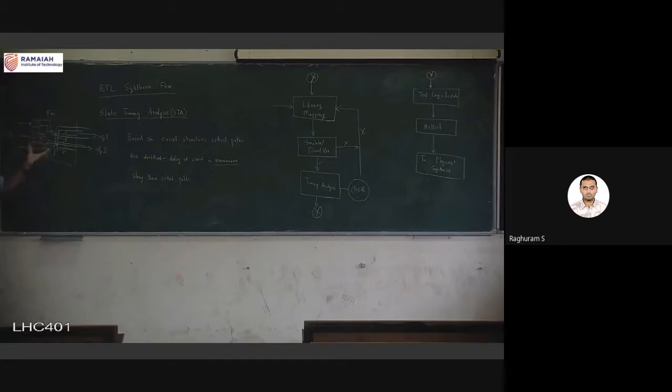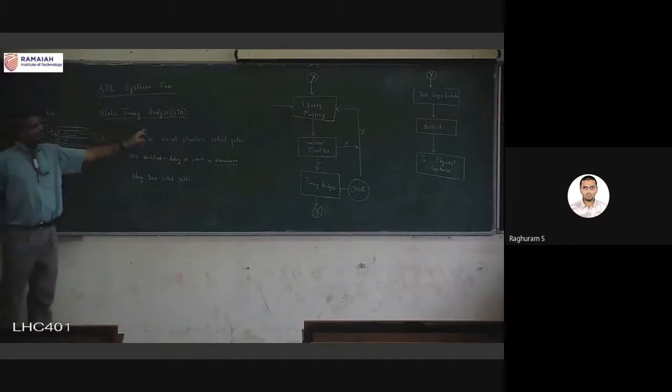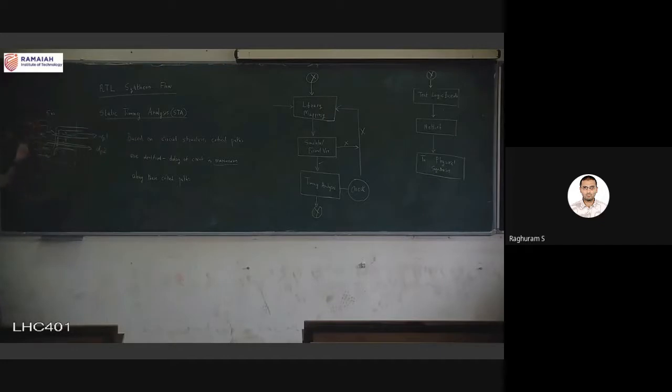That means that for this design, to produce the output, the maximum time possible is 8 nanoseconds, which is determined by the critical path. So this type of analysis doesn't involve inputs. We are not giving any inputs. We are just looking at the structure of the circuit, and based on that we are making the decision by identifying the critical path. So this type of analysis is very important.